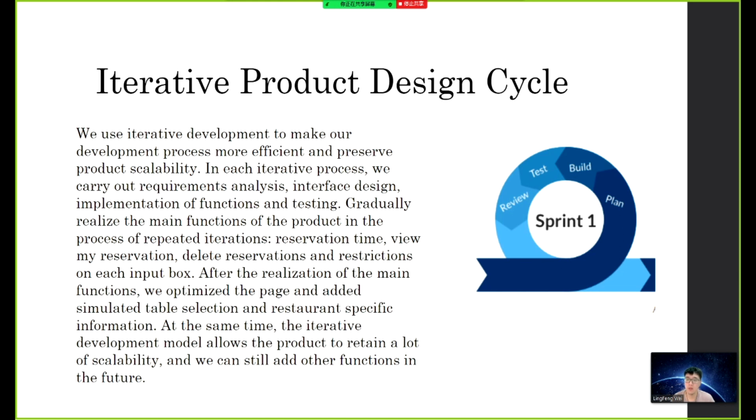We gradually realize the main functions of the product in the process of repeated iterations: reservation time, view my reservation, delete reservation, and restrictions on each input box. After the realization of the main functions, we optimize the page and add simulated table selection and restaurant-specific information.